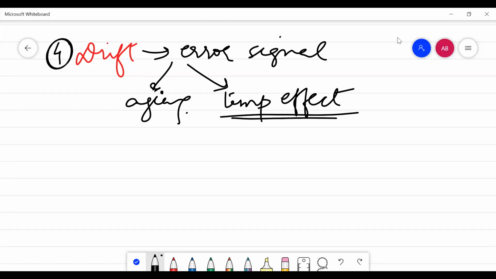Because of this, an error signal can be generated in the op-amps, and for that purpose an output voltage gets generated that is called the drift voltage. This should be minimal. Ideally, this parameter should be minimal.